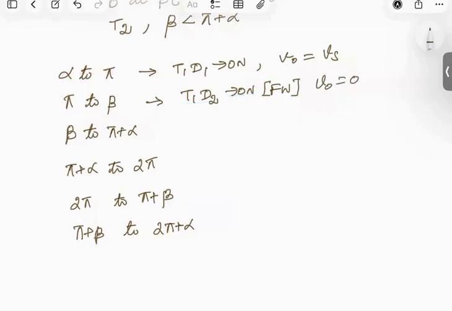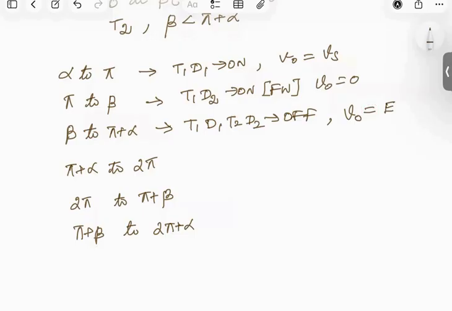Now from beta to pi plus alpha, no device will be in on condition. So all T1, D1, T2, D2 are in the off condition, which means that the load is disconnected from the source. Since the load is having E, V0 will be equal to E. V0 will follow the back EMF E.